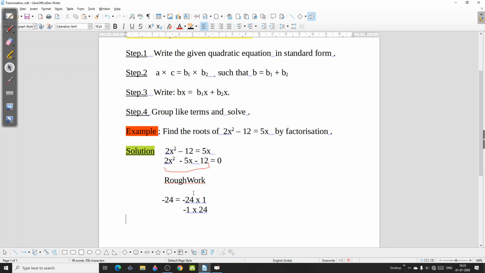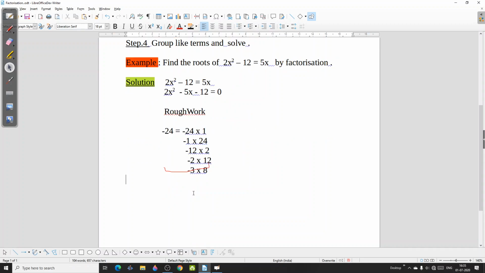Then the third way is minus 12 into 2, or minus 2 into 12, or minus 8 into 3, minus 3 into 8, or also the reverse of this, minus 8 into 3.